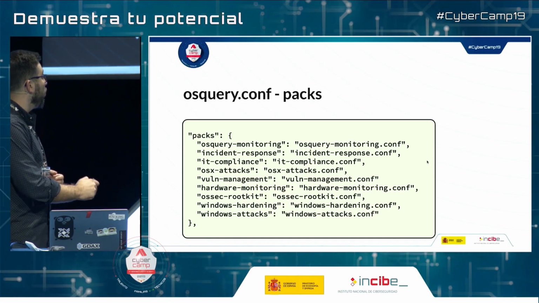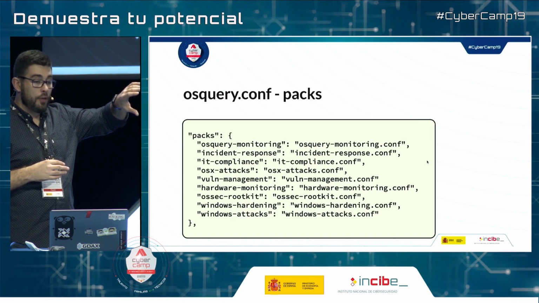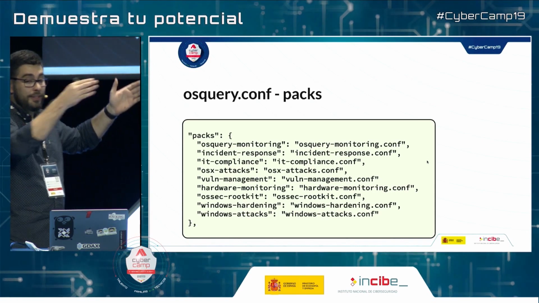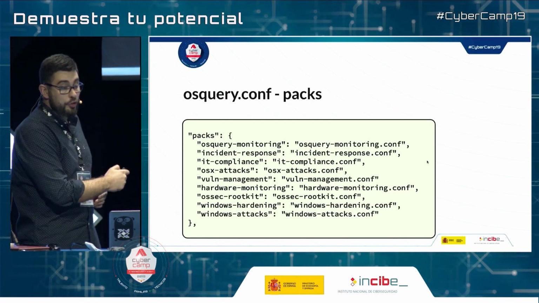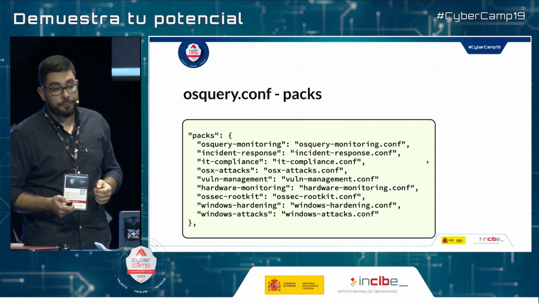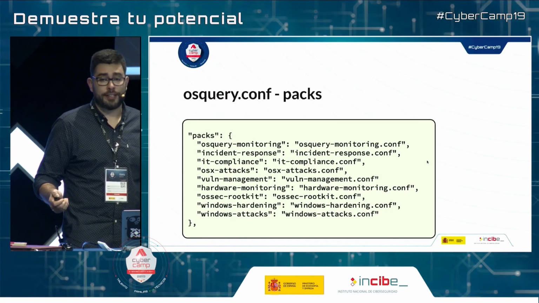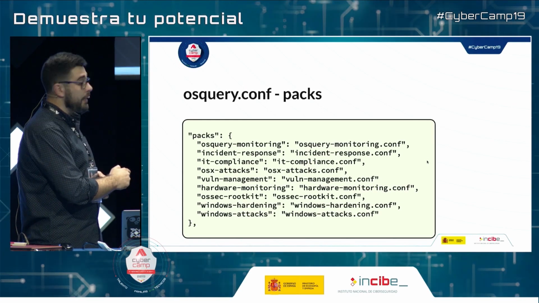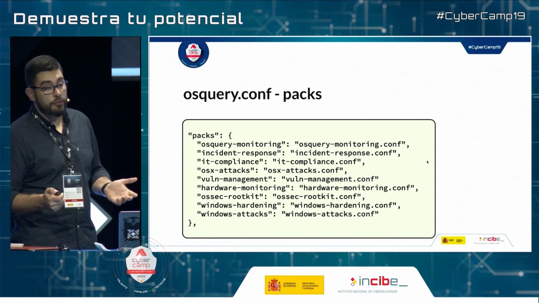In this case, for example, we see that we have a pack, which is in the same format as the schedule field that we saw in the configuration. So this is like adding a JSON block. You have one to monitor the osquery process because you want to know whether this is affecting your machine's performance, for example, or queries which are interesting for incident response, such as compliance, malware, adware, known for Mac.